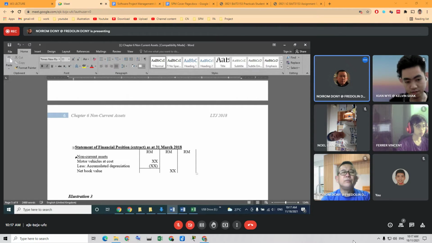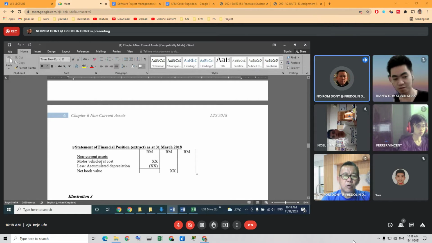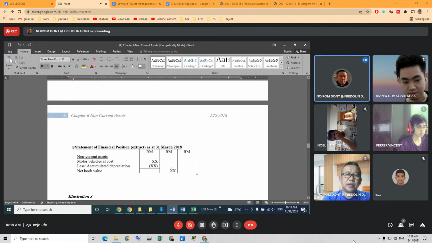So under non-current asset we put motor vehicle in columnar form: first column, second column, third column. We put it in the first column because not only motor vehicle, but we also have office equipment, fixtures and fitting, and all have accumulated depreciation. So we use the first column to do the adjustment first. Once we get the net book value for each non-current asset, we put it on the second column.